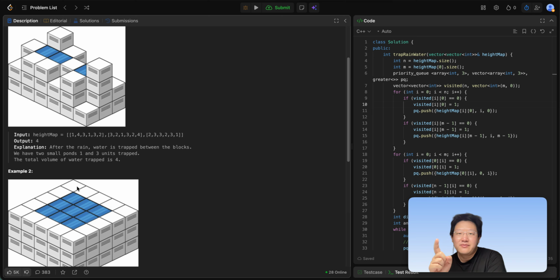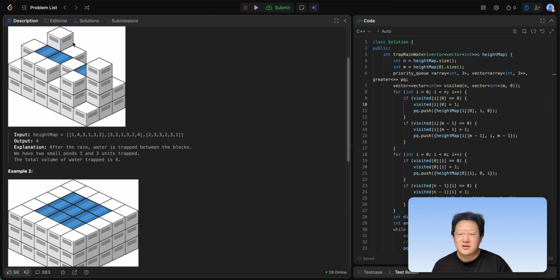Case 1: the neighbor is shorter, like this. In this situation, we'll trap water and push the neighbor with the current height. In case 2, the neighbor is taller or equal. In this situation, no water, push it with its own height.